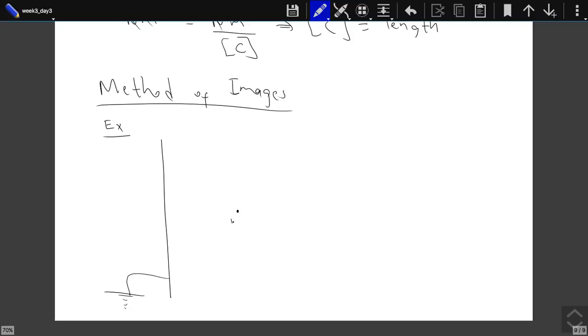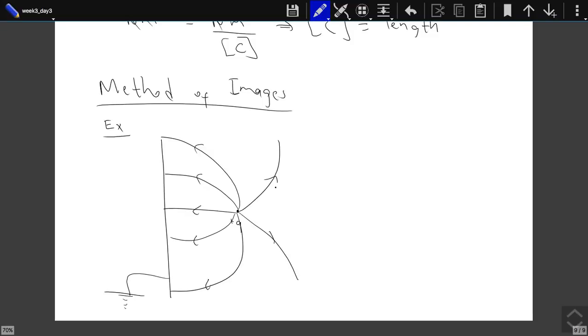If you just imagine a plus Q charge, the electric field lines will look something like this. We already know a system that has similar electric field lines. If you just imagine a dipole, you have a plus Q charge over here, a minus Q charge over here. This is your conducting plate. The electric field lines will look like this.